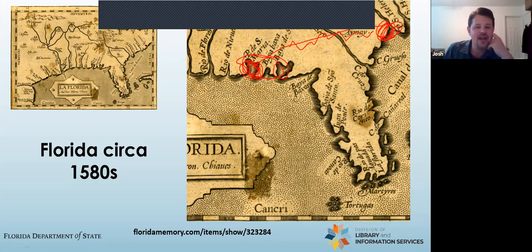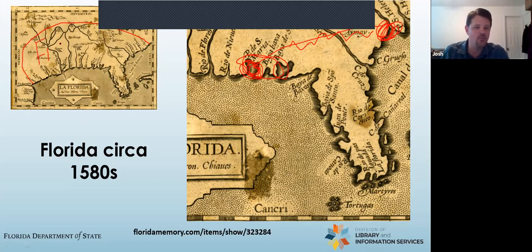And I should mention that at this time, if you look at the small zoomed out map over here, what they are calling La Florida right now, thanks to the De Soto expedition, all of this, all the way up until you get over to Mexico and New Spain, is being called La Florida at this point.